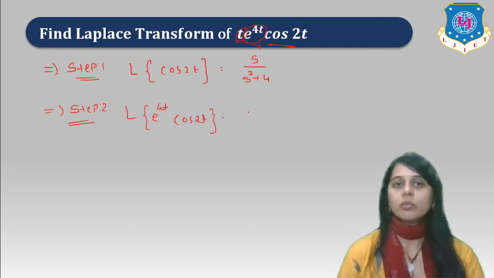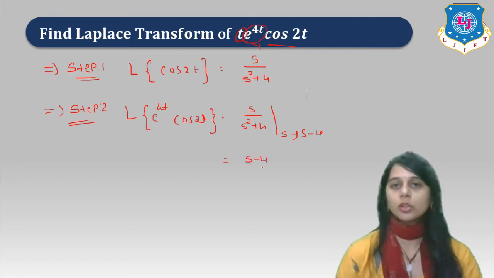This is applicable for the first shifting theorem: s upon s square plus 4, s tends to s minus 4 because a equals 4. So the answer is s minus 4 upon (s minus 4) whole square plus 4.